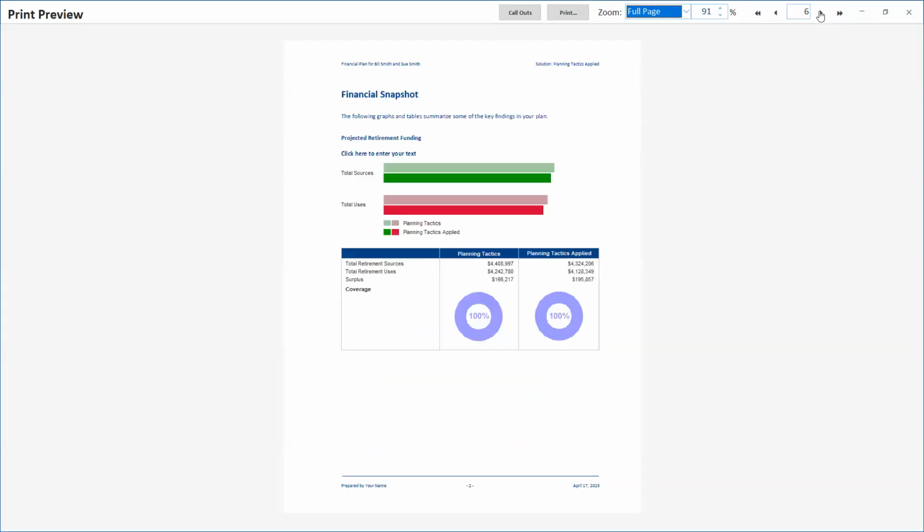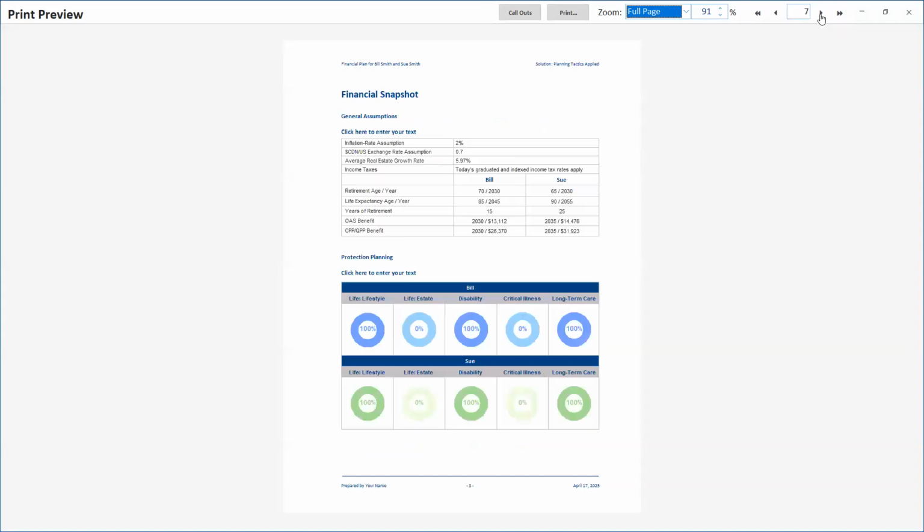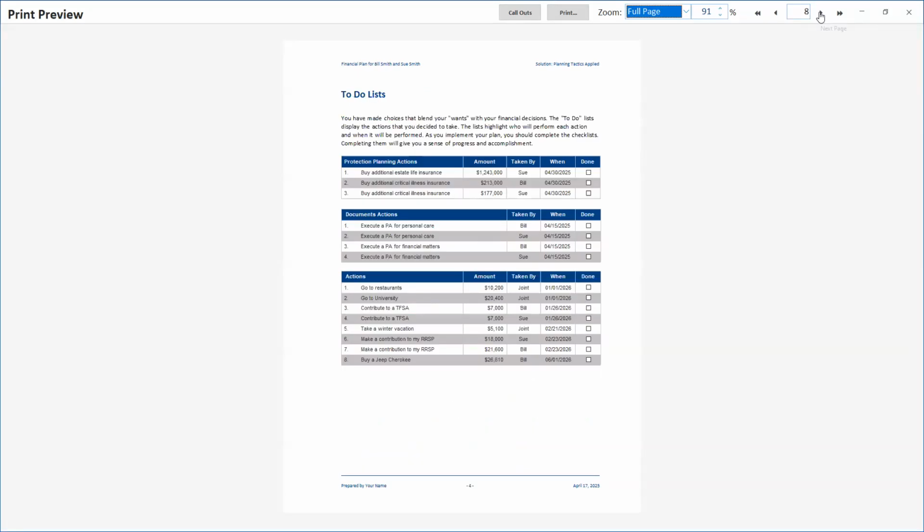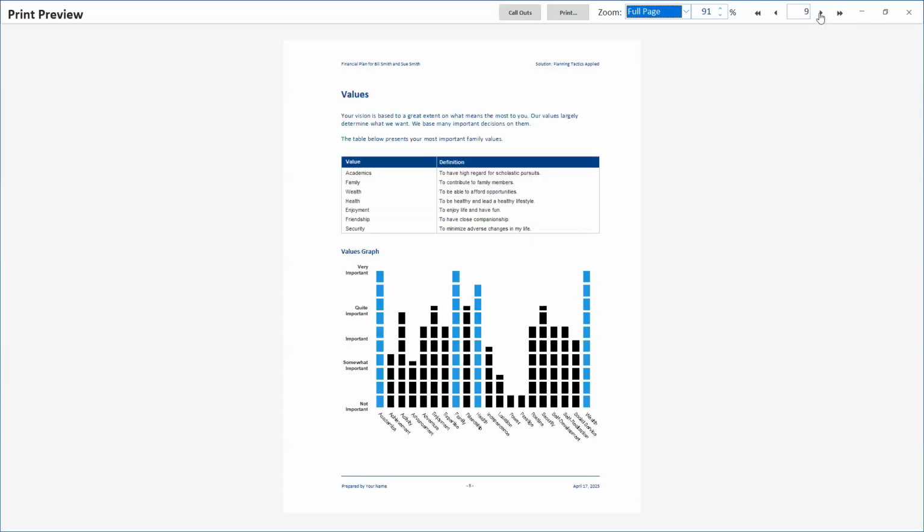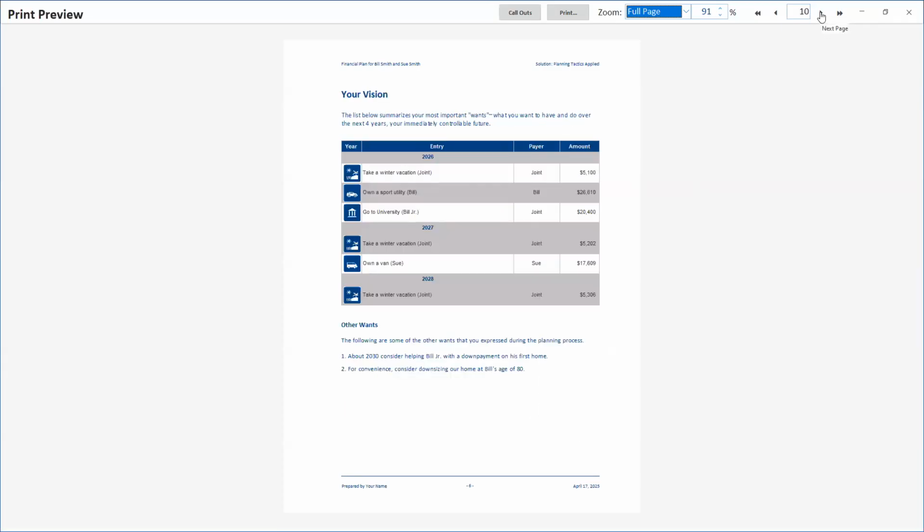A little introduction, little overview of the comparison of the two paths that they were on, some basic assumptions, a summary of their protection planning calculations, to-do lists, protection planning actions, document actions, other actions like contributing to TFSAs, taking vacations, buying vehicles, the values exercise if you've done it, the vision, and you can see the different vision entries over the next few years, and then a place where you can go in and put in longer term vision entries.